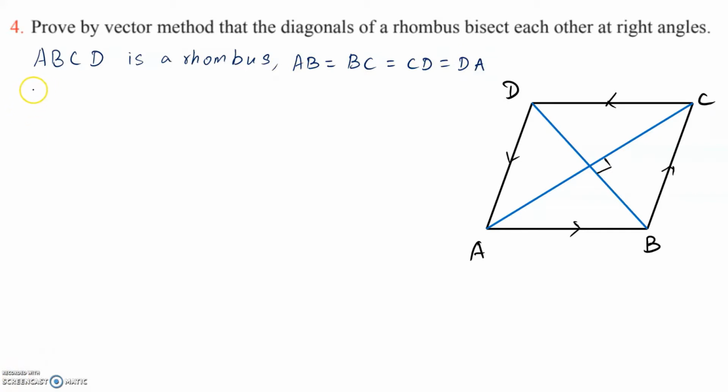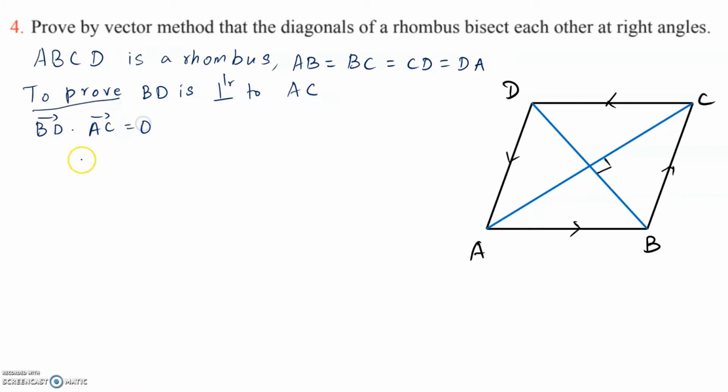We have to prove that BD is perpendicular to AC, which are the diagonals. So using vectors, we need to show that BD dot product with AC is equal to 0.